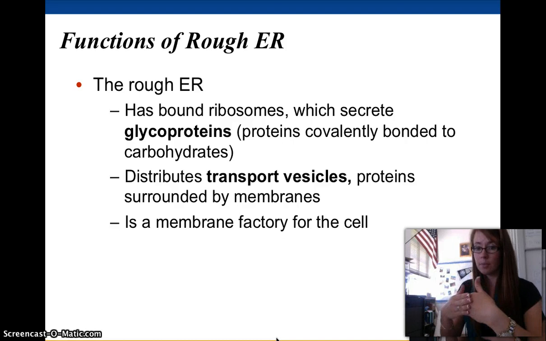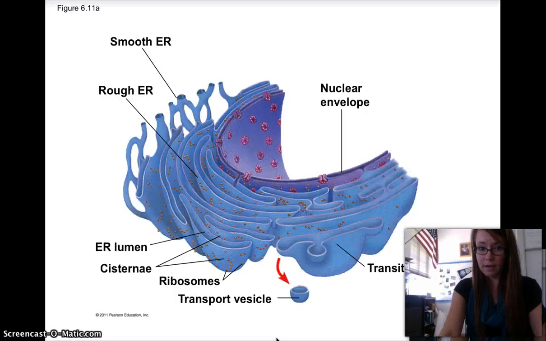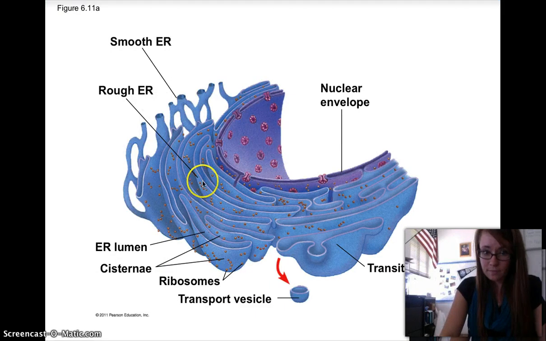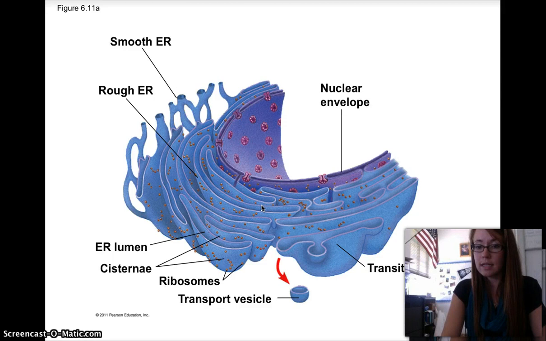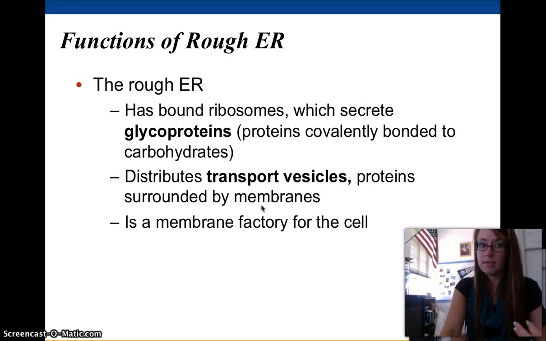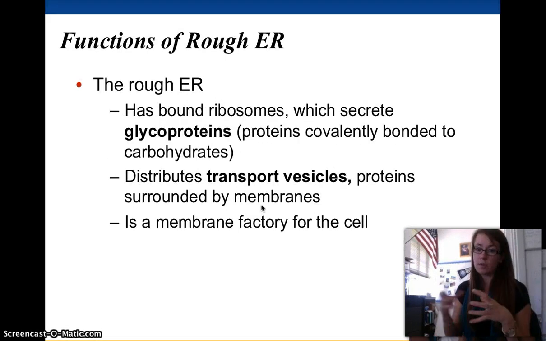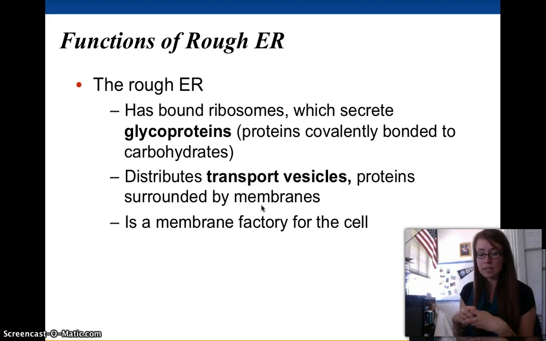So the proteins are made on the rough ER, and now they're inside the lumen of the ER, so they would be in here. So this ribosome would have made it, let it inside the ER, and then the enzymes inside of the rough ER are going to add the protein, make the covalent bond onto the carbohydrate. So then we have a mature glycoprotein.